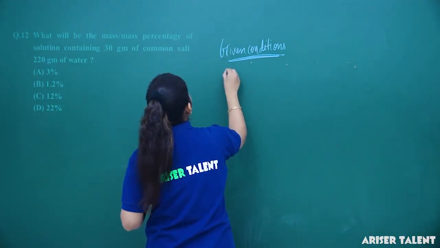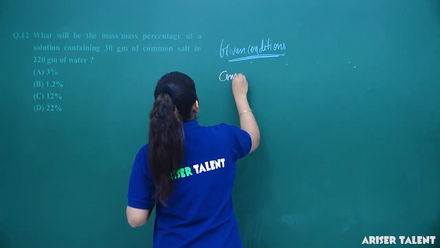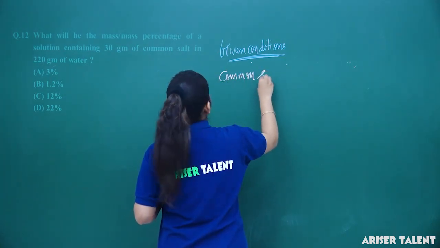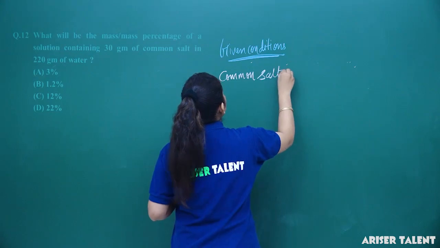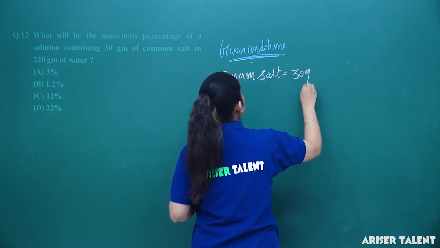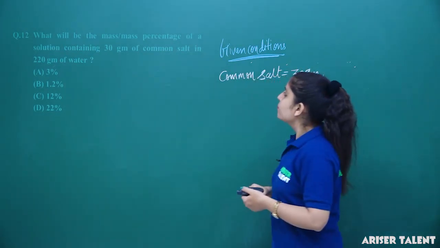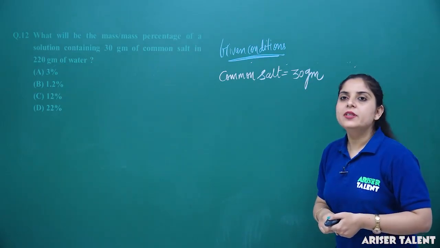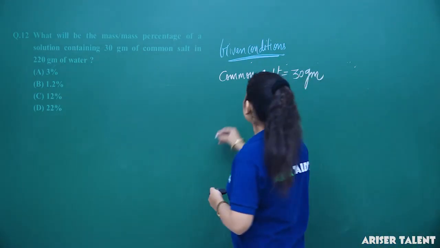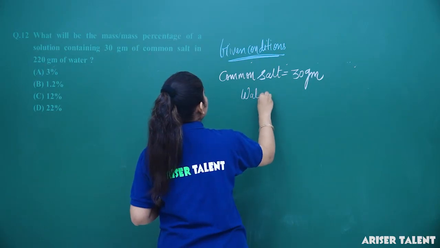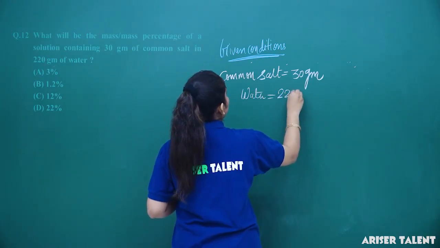So, I can write here how much common salt is given. Amount of common salt given is 30 gram and you are provided with 220 gram of water. So, how much water is given? Water given is 220 gram.